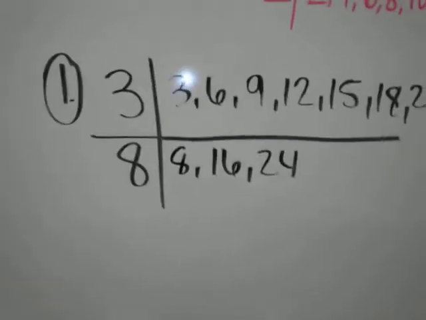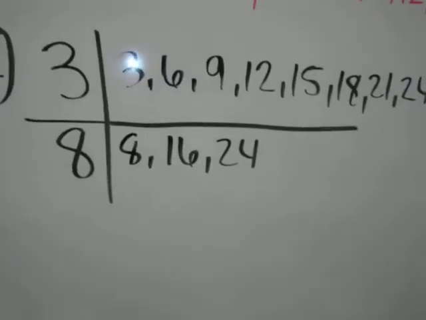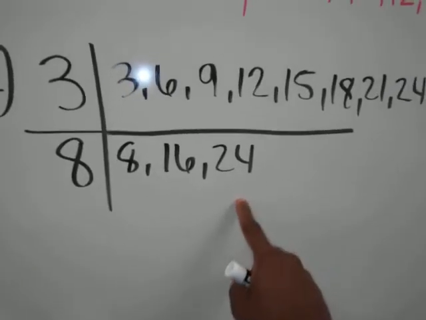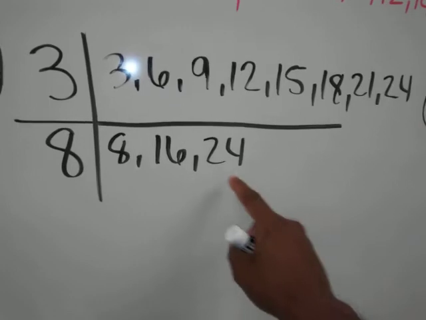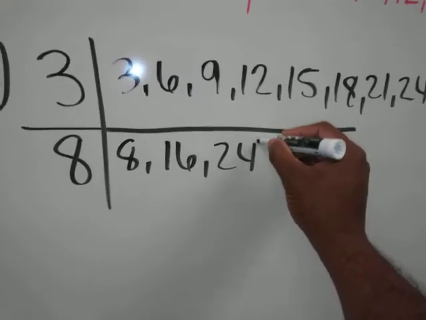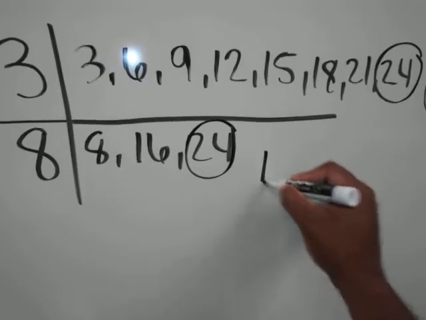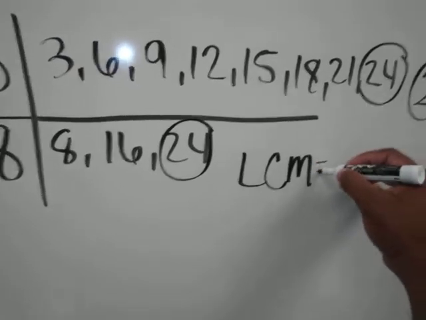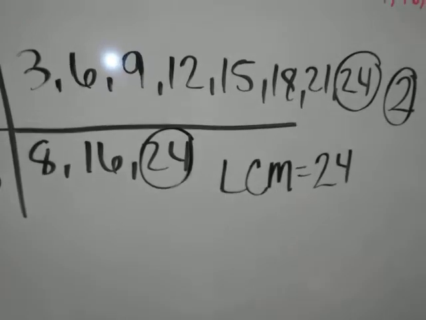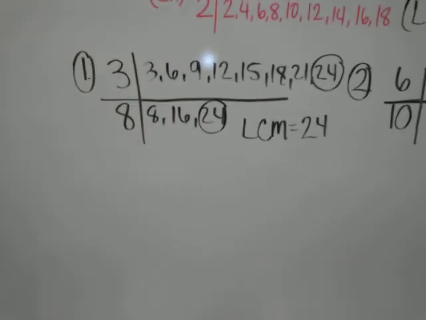All right, I can stop because I do see a multiple that repeats in both 3 and 8. And it's the only one that repeats so far. I have 24 here and a 24 here. So this, boys and girls, is my LCM. So I would write LCM equals 24. All right, that was number 1.